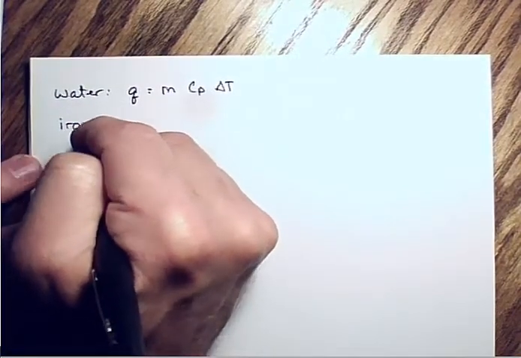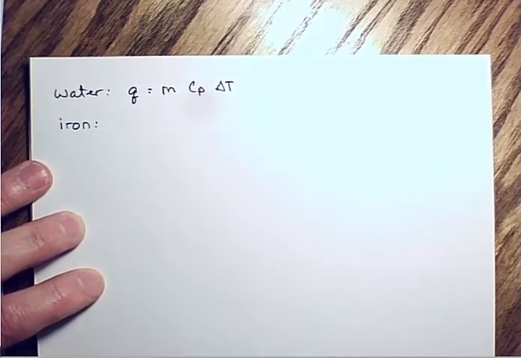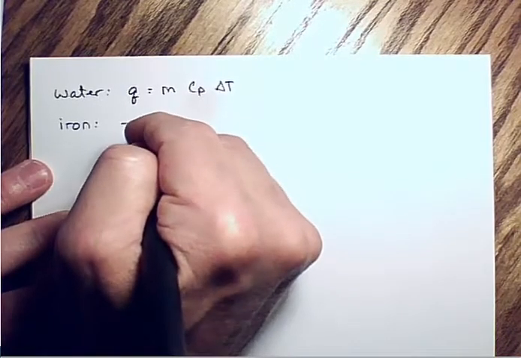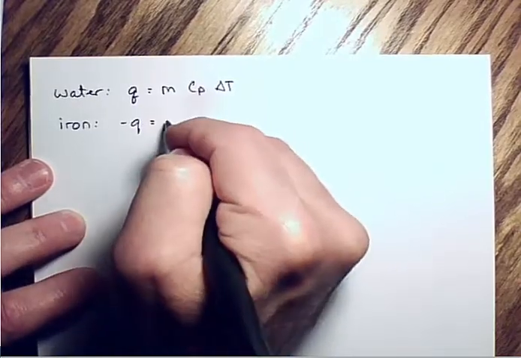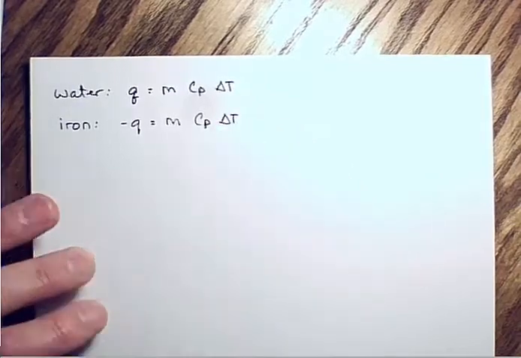And we said the iron's temperature is going to go up or down? Down. So is its Q going to be positive or negative? Negative. And it's still the equation mass, specific heat, change in temperature.